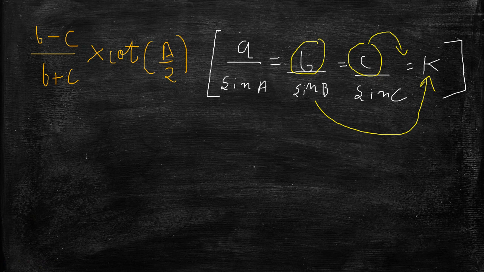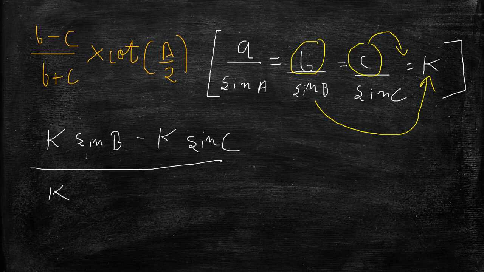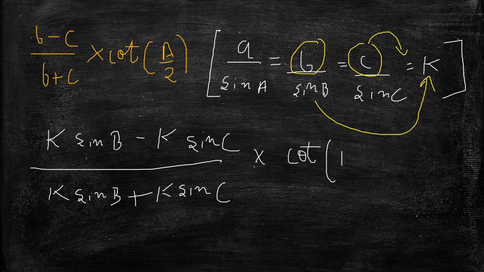That is, (b minus c) by (b plus c) becomes (k sin B minus k sin C) upon (k sin B plus k sin C). Now here I can cancel k from numerator and denominator. Cot of A by 2 is also multiplied here.